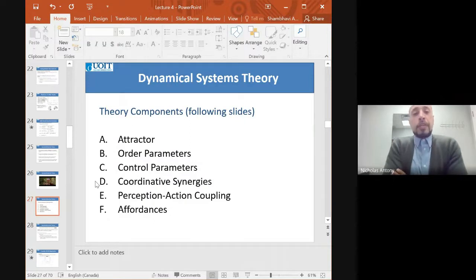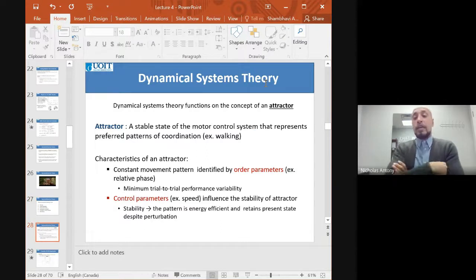One really good thing that dynamical systems theory did is that it allowed for the analysis of different variables when discussing what was observed in these different studies. So instead of describing different motor programs as invariant features, there are different terms.